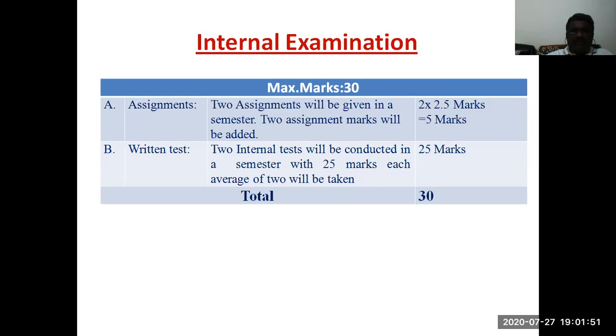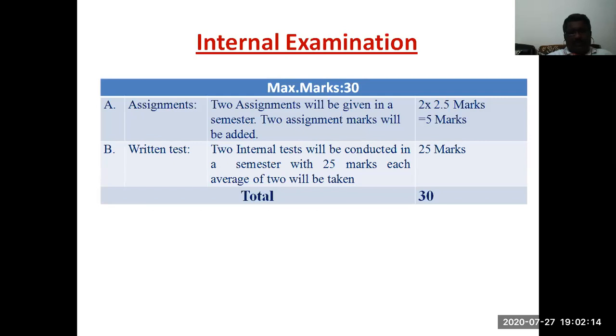In these two assignments, each assignment is awarded 2.5 marks, so a total of 5 marks will be allotted to the assignments. In addition to the assignments, an internal written test will be conducted.